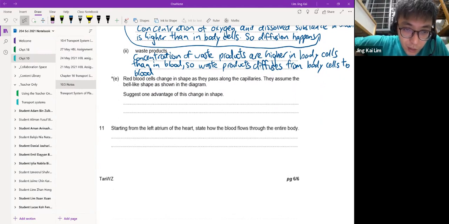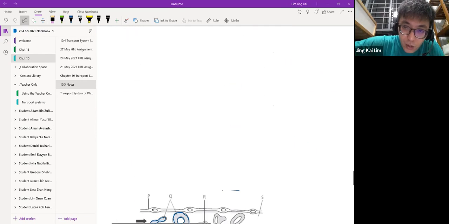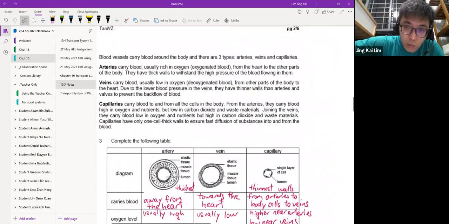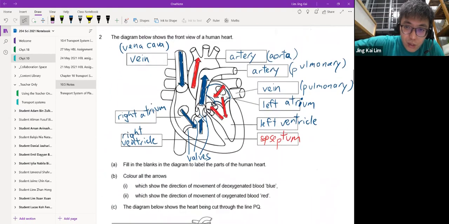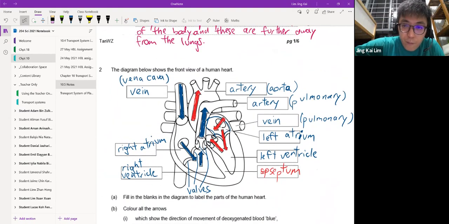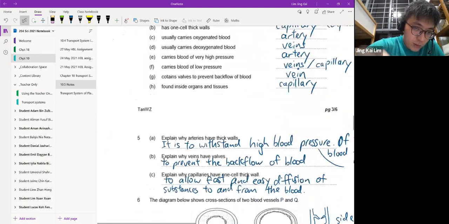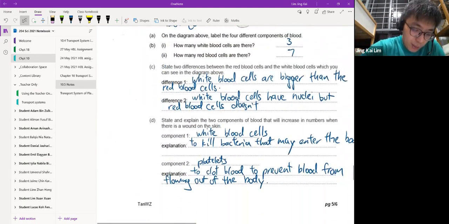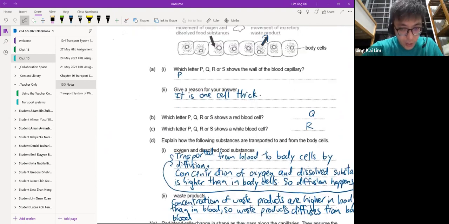Yeah. So number 11, okay, starting from the left atrium of the heart, state how the blood flows through the entire body. So if we look back at the first part over here, we talk about the flow of the blood through the left atrium first. It will go from the left atrium to the left ventricle, go through the artery to other parts of the body, and then come back to the right side.